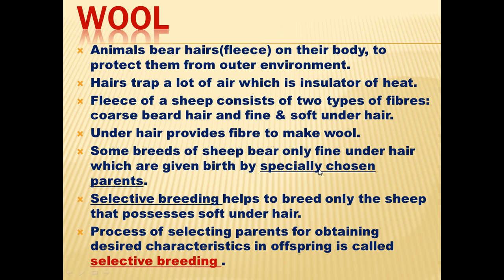By this kind of breeding, the new offspring which comes will bear only soft under hair or fine fibers. This process is called selective breeding. Selective breeding is a process of selecting parents for obtaining desired characteristics in offsprings. As a result of this, only soft fiber will be obtained from the lambs coming afterwards.